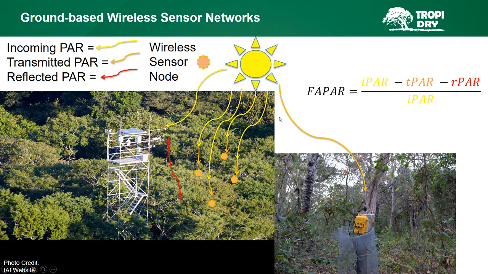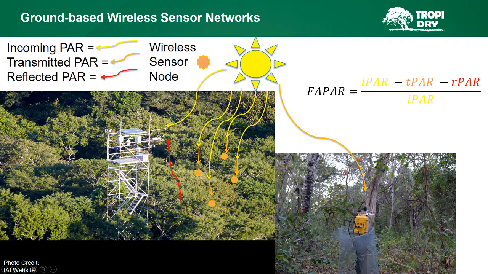So you can have a bunch of wireless sensor nodes that have these PAR or photosynthetically available radiation sensors mounted to them. And if you have a PAR sensor on the top of a tower like this, it's going to be able to measure the total amount of incoming photosynthetically available radiation.